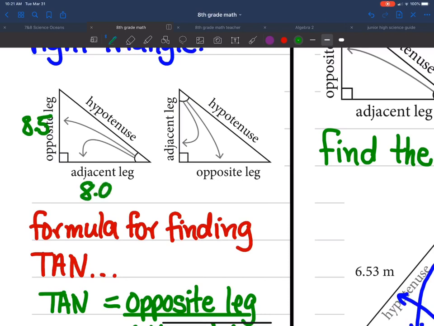Our formula tells us that 8.5 should be divided by 8, and then you just divide that up and you will get your answer. 8.5 divided by 8 is 1.06.